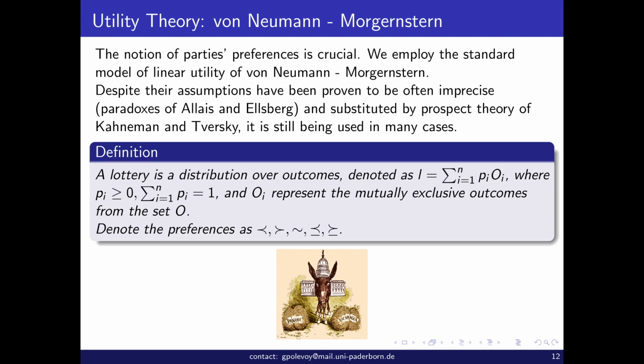And there were, in the 60s and 70s, many famous examples where people definitely are not rational and their preferences are not what we now will define as natural. So people are not as easy to analyze as we wanted. The most famous paradoxes are by Allais and by Ellsberg.